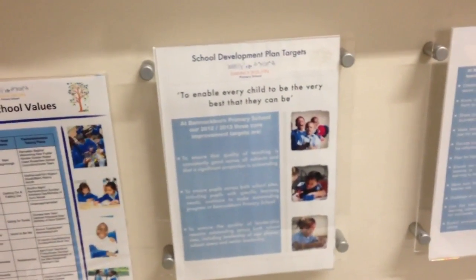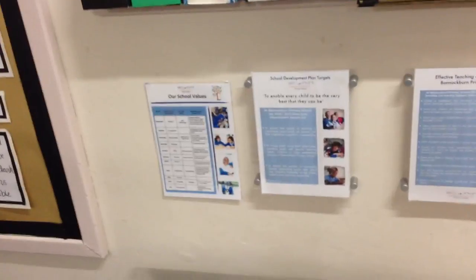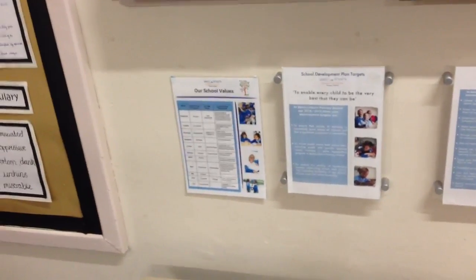We've also got our school development plan targets on display, and also our core view of what we think effective teaching at Bannockburn Primary School needs to include, as an aide-memoire and a reminder to staff about what we really are aiming for.